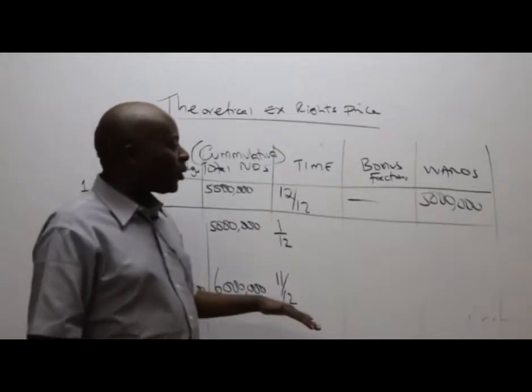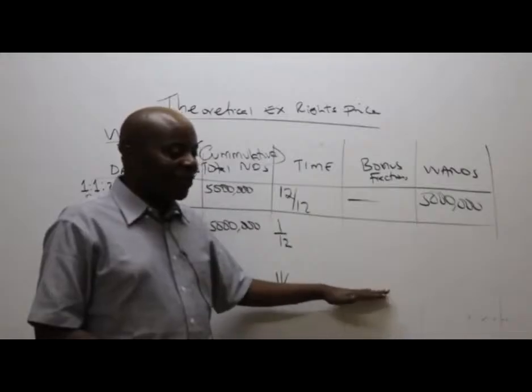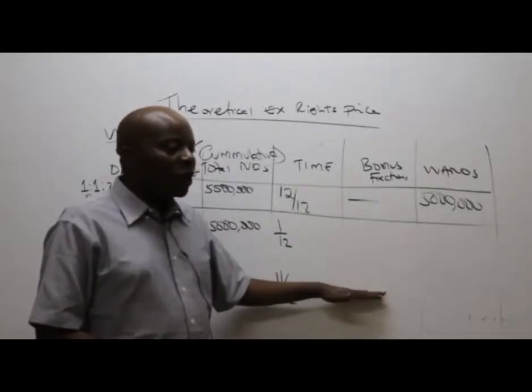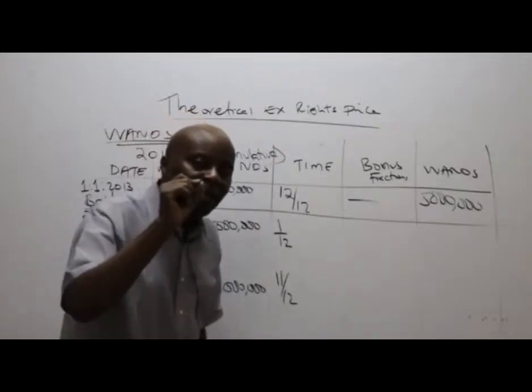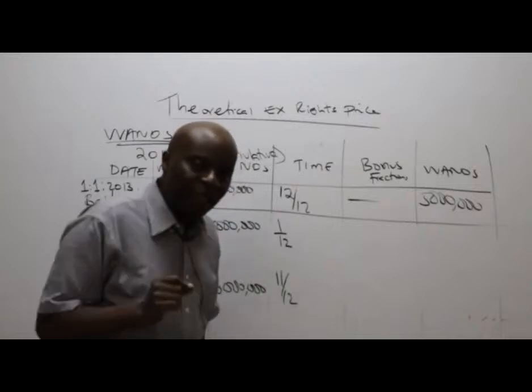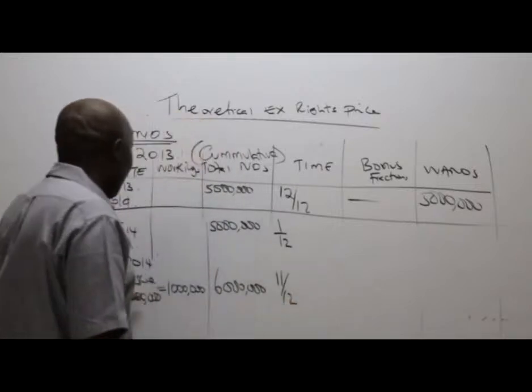So this 11 over 10, where do we put it? Do we put it here immediately at the rights? Thank you very much. Ladies and gentlemen, this bonus fraction does not apply to the transaction that gave birth to it. This 11 over 10 was given birth by the rights issue.